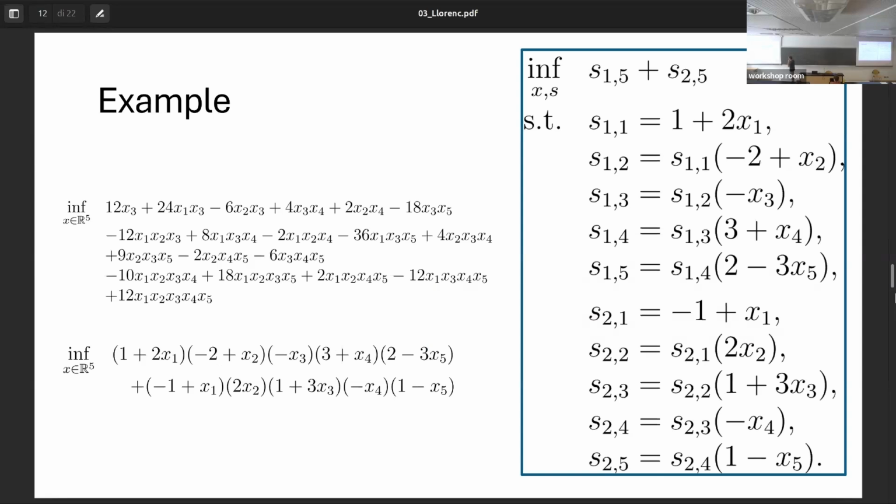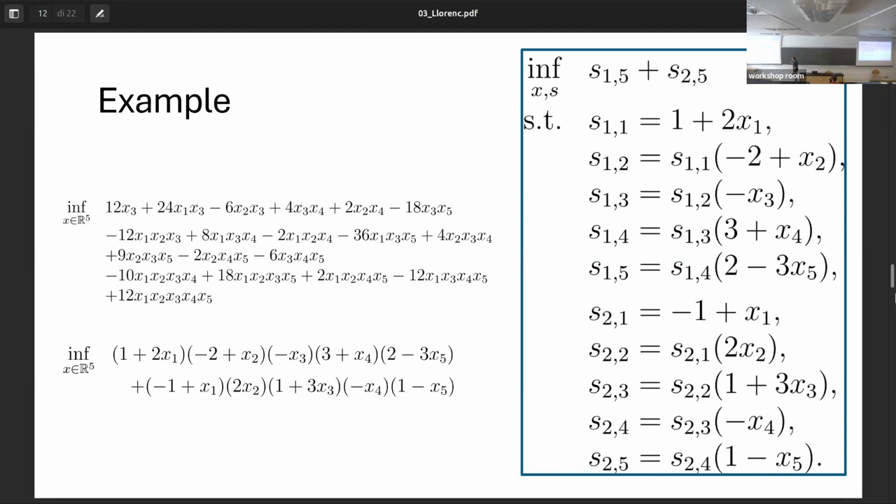We have a dense polynomial, it's the same as before. It's rank 2, right? So we have this expression here. And now we transform the infimum of this polynomial, which is fully dense, into the infimum of this, just the sum of two variables, linear, plus these constraints here. So the first term will be 1 plus 2x1, which is equivalent to here.